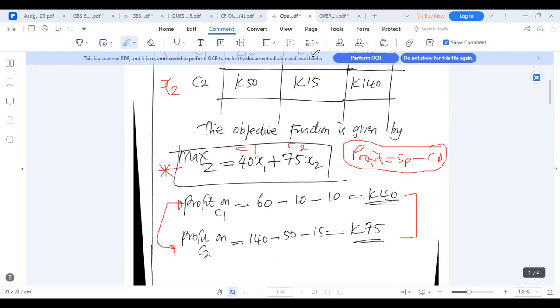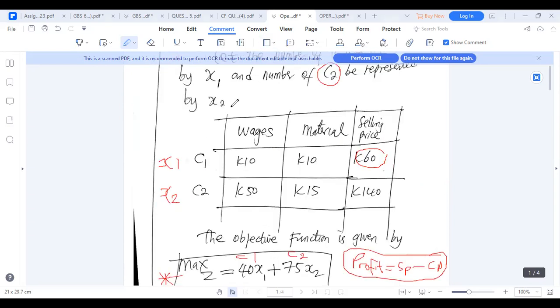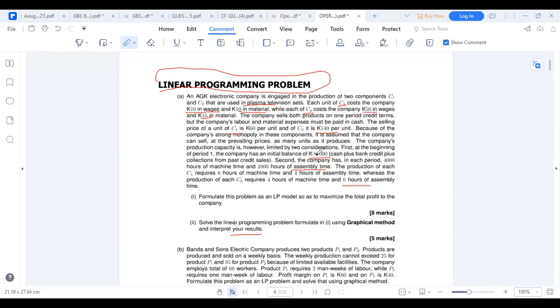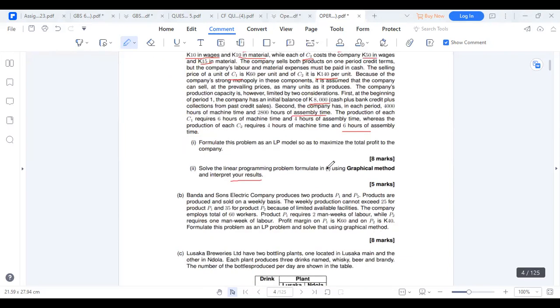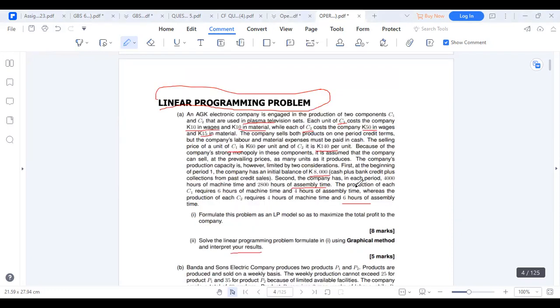Now, from the question, we are also told the information to do with the total number of hours for the machine and assembly.